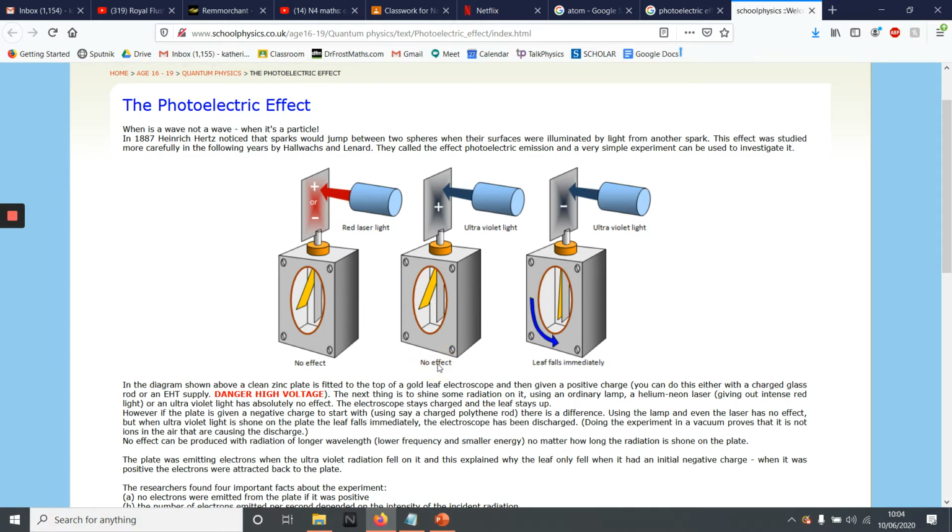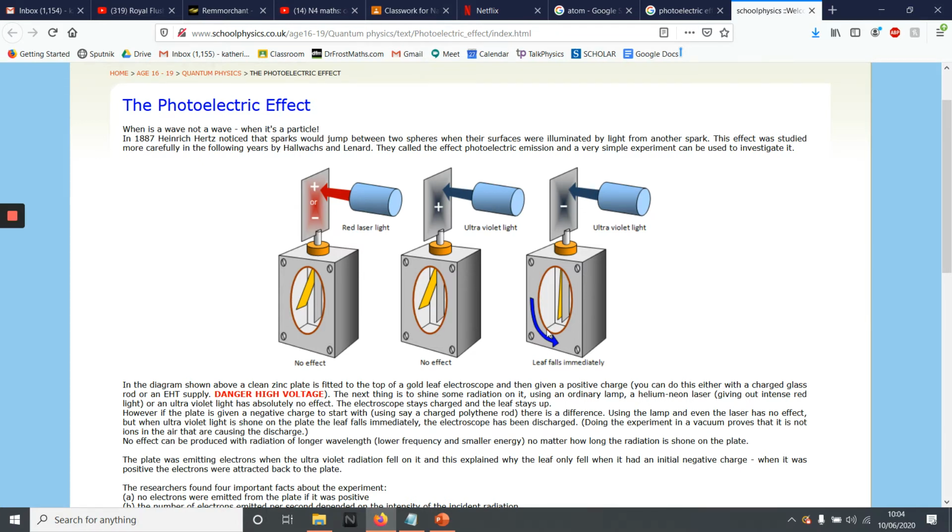Then if we took the system and negatively charged it, so there's an excess of electrons, and we shine ultraviolet light onto it, then the leaf falls back down. And if the leaf falls back down, that means these things are no longer repelled by each other, which means everything has gone back to neutral.